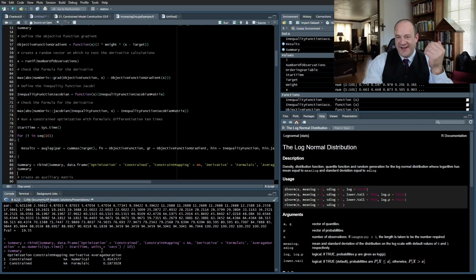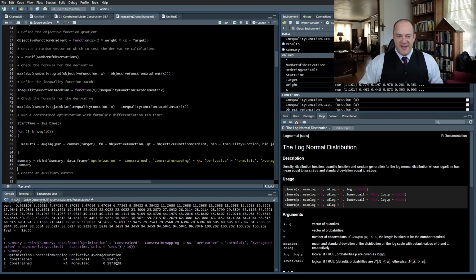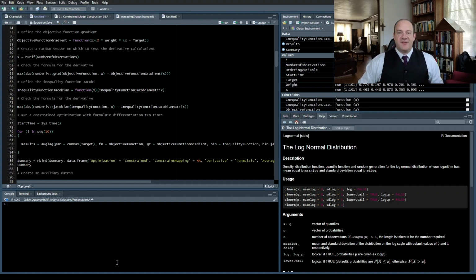By providing it with formulae for the gradient and for the Jacobian, we got that down to 0.18 seconds per run. So we've just improved the efficiency of this by 90%. So yay us.